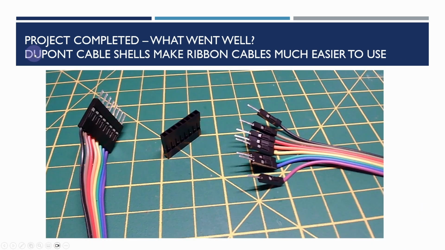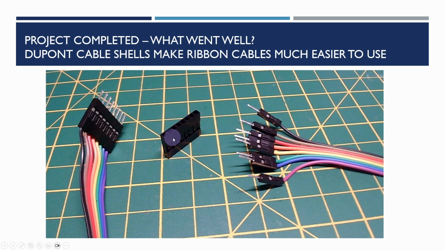Now, this was a tip that somebody commented on one of my videos, sort of about a third of the way through the series. I use quite a few of these Dupont ribbon cables, but I was using them with the single connectors on the end, and they get quite fiddly to plug in, and also then the odd one can actually become unplugged quite easily. And the commenter suggested that you can remove these quite easily off the end, and I have got a video showing where that was done, and then you just clip these ends into one of these shells.